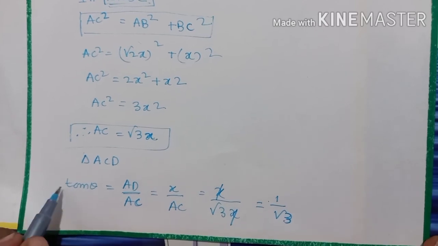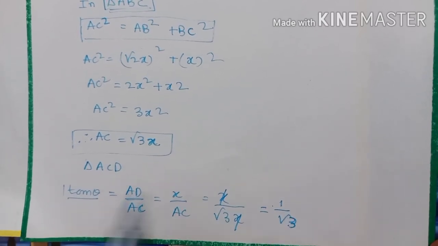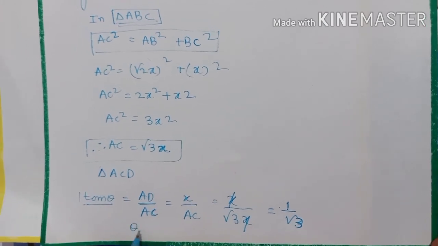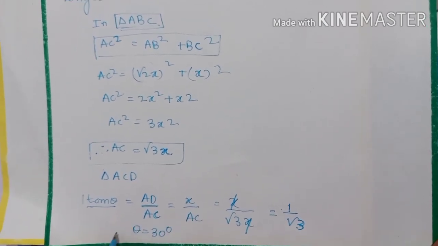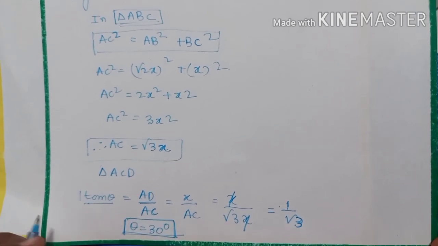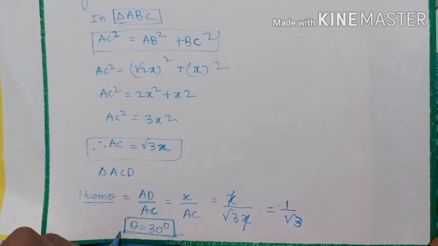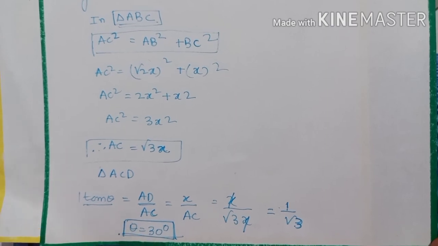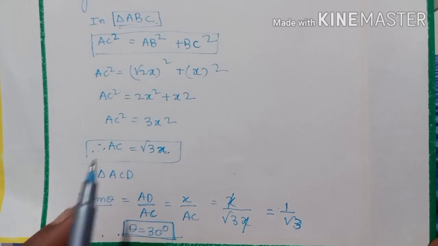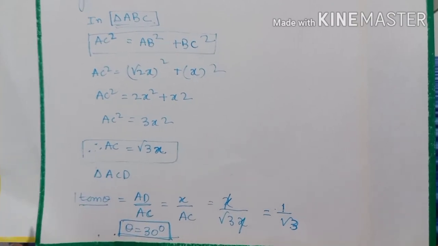And we know when tan theta is equal to 1 by root 3, then theta is equal to 30 degrees from the trigonometric ratios. So therefore the angle made by the longest stick is 30 degrees. Now don't forget to write the conclusion. The angle made by the longest stick is 30 degrees, and this is the solution.